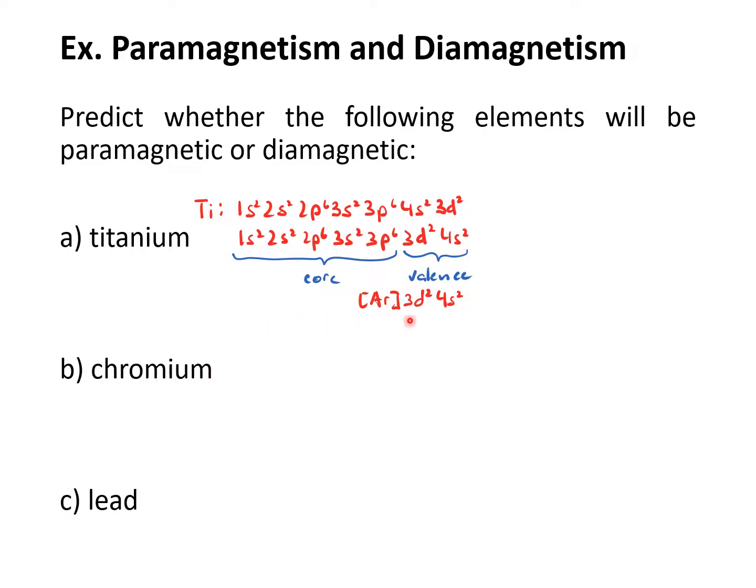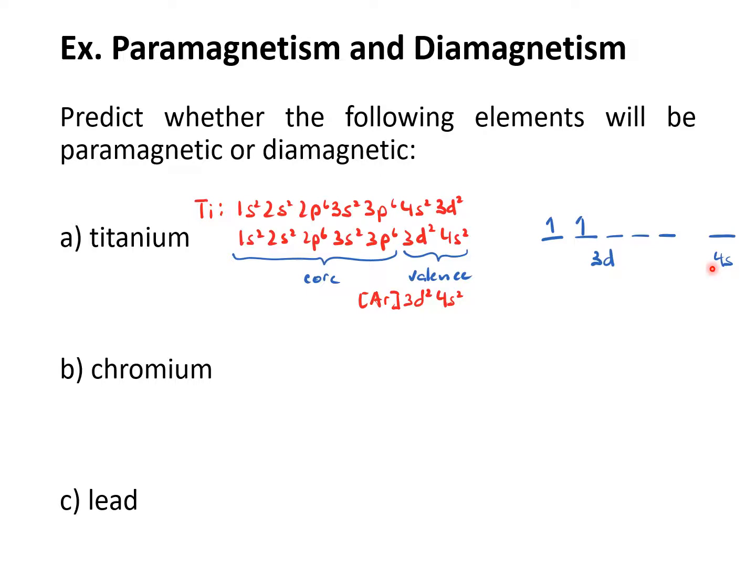So, starting with the electron configuration for titanium, we can write the partial orbital diagram for titanium. As we mentioned, the 3d atomic orbitals are lower in energy than the 4s atomic orbitals, so we write the 3d atomic orbitals first, and then we write in the 2 electrons in the 3d atomic orbitals. 1, 2 electrons.